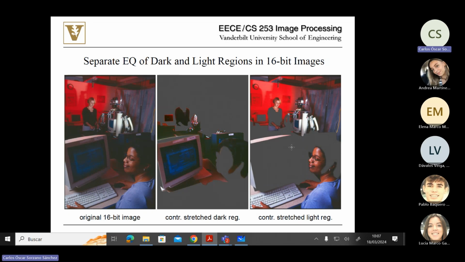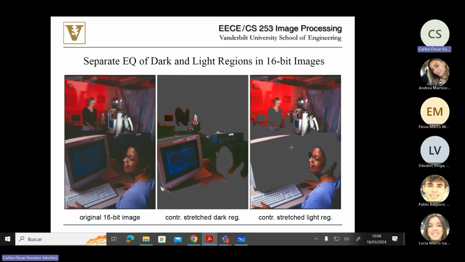Now this idea of applying different transformations to different parts of the image. Let's say that we have this original image with 16 bits. You can look at which are the darkest parts. So these are the darkest regions, and you apply one transformation there. In the brighter region, you apply a different transformation.